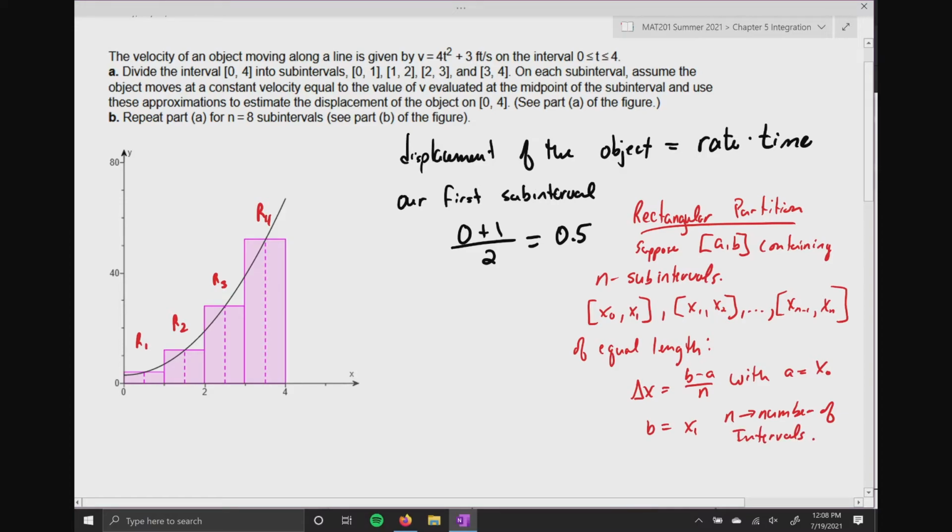So if you want 8 intervals, then n would equal 8. This formula, which is really basic to understand, just helps me determine where these midpoints are. So the first midpoint is 0.5, which I think you could have figured out on your own. However, this is a very specific process here. All right, so back to the problem at hand.